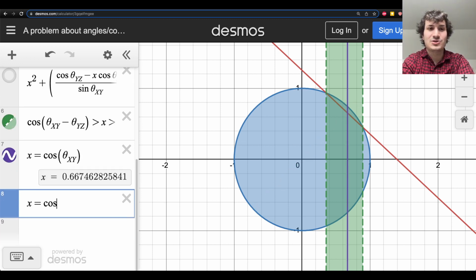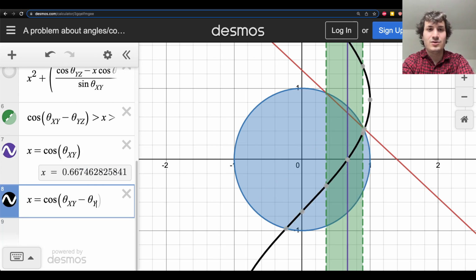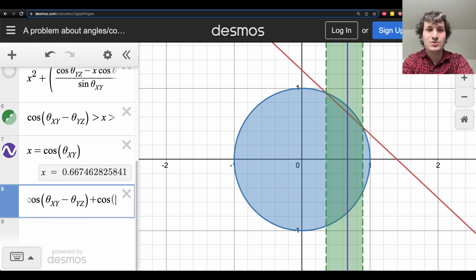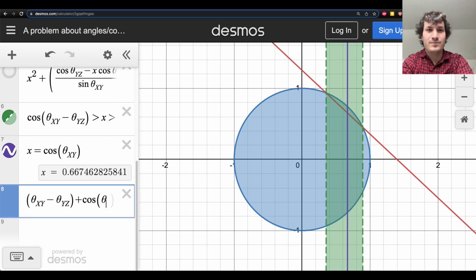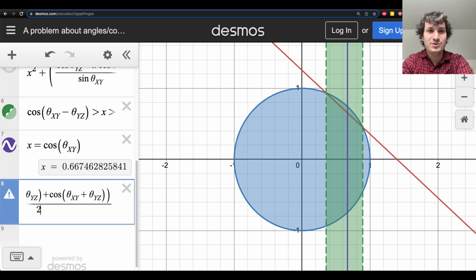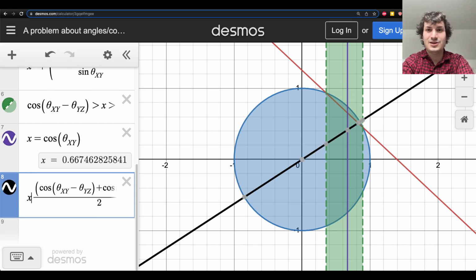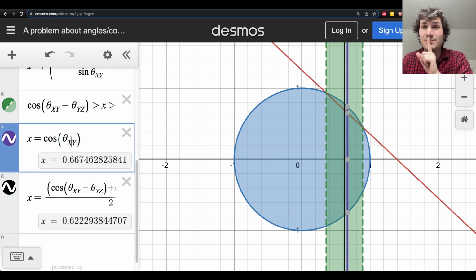So if you do x equals cosine of theta xy minus theta yz plus the cosine of theta xy plus theta yz, a whole thing divided by 2, that's the actual midpoint, whereas the cosine of theta xy is the midpoint of the angles, and then you do the cosine, and that is a slightly different thing.